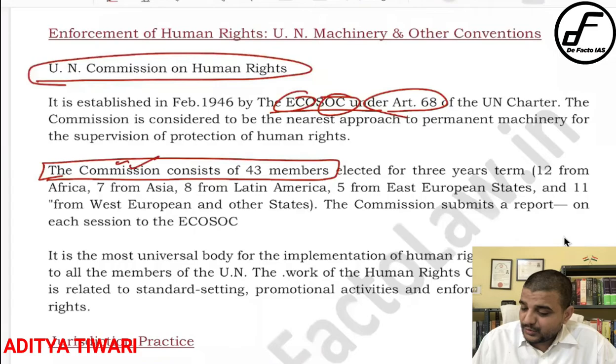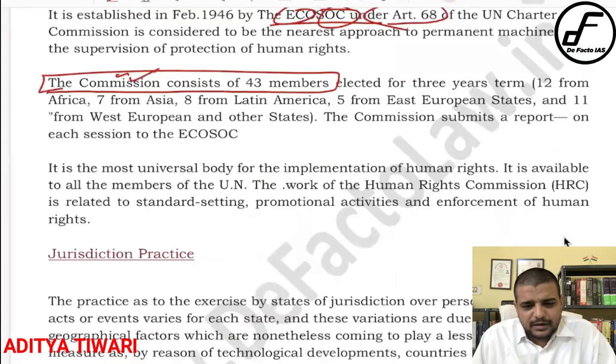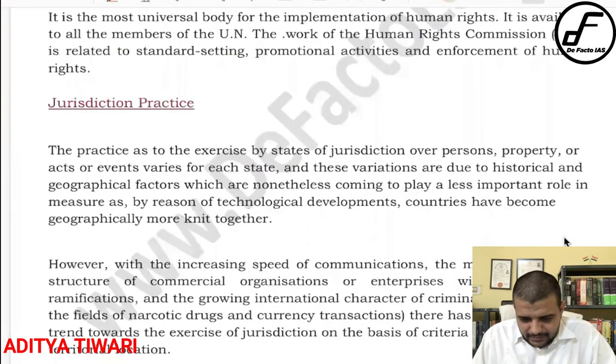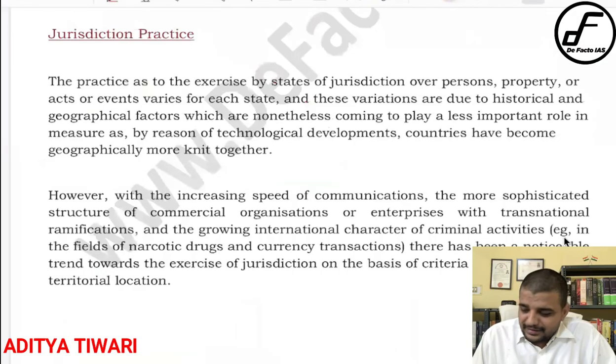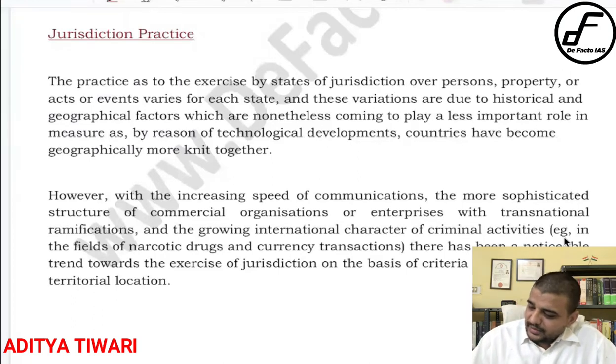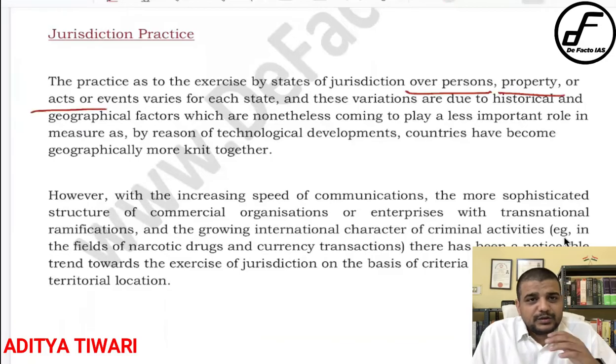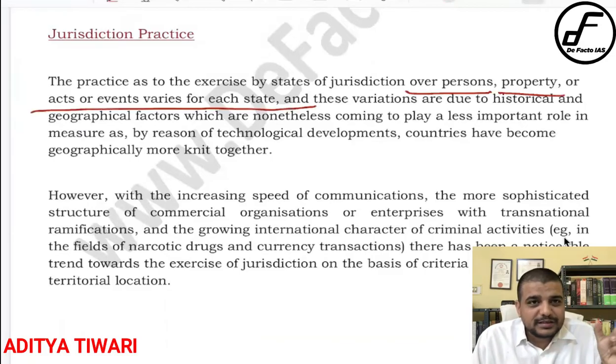Then let us come to jurisdiction. Now, with regard to jurisdiction, let us read. Normally jurisdiction accounts for three things. They are written here also: over person, individual jurisdiction, property, or act or event, that varies in each state. So it is basically talking about three types of jurisdiction.